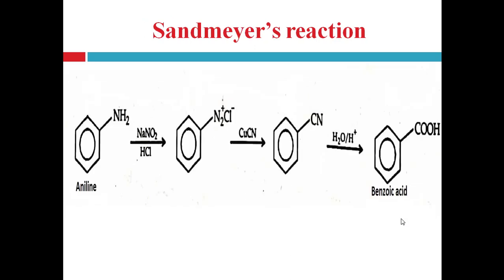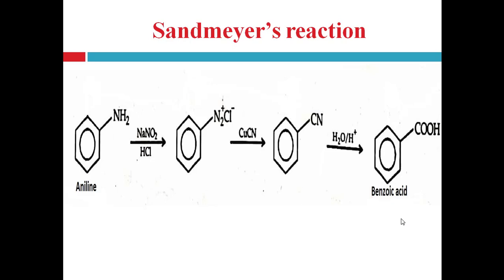Next preparation is the Sandmeyer reaction. Aniline undergoes this reaction. We have already studied this in aromatic amines, in the synthetic applications of aryl diazonium salts, right? Let's see again.